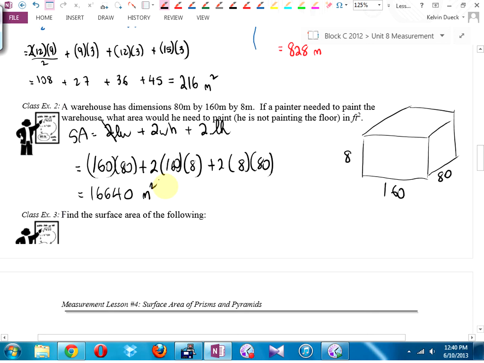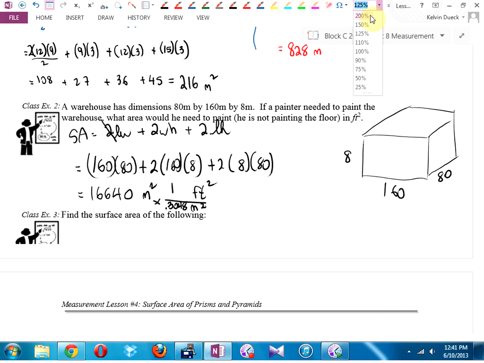Could we convert that to square feet? Do we have a conversion factor? Yes. I want meters squared on the bottom, I want feet squared on the top. What's the conversion factor between feet and meters? 1 foot equals 0.3048 meters. Now that's for feet and meters. This is for feet squared and meters squared. What do I do now?